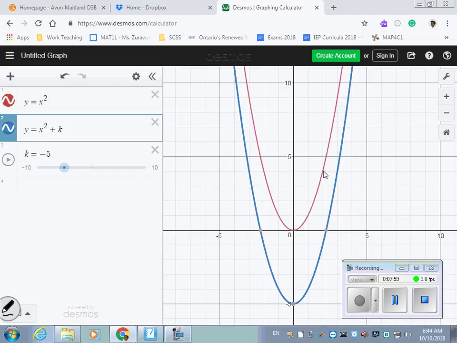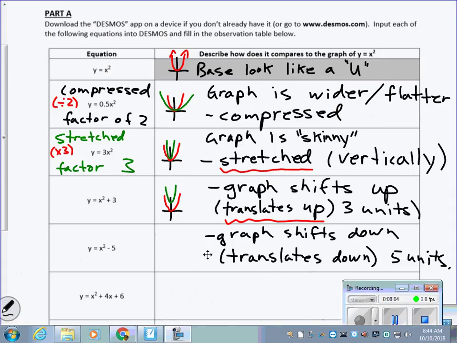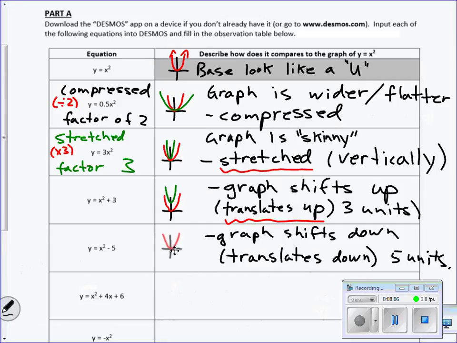And then the same happens for all these. So in this case, we now have a graph that literally starts like this, then ends up shifted lower. We say that the graph shifts down or translates down. This is our new keyword. Translates down exactly 5 units.